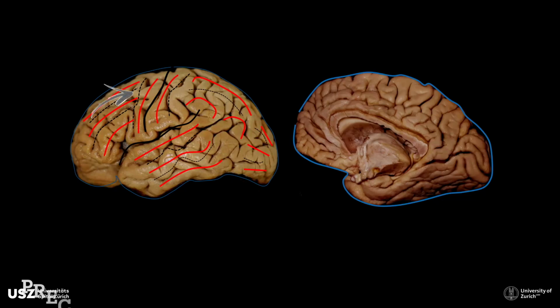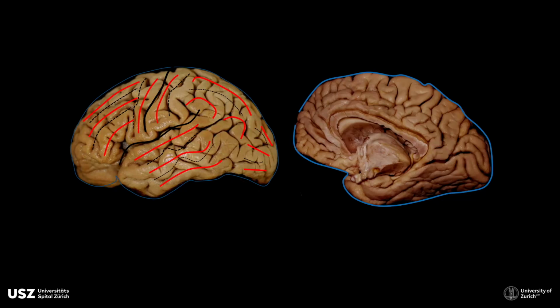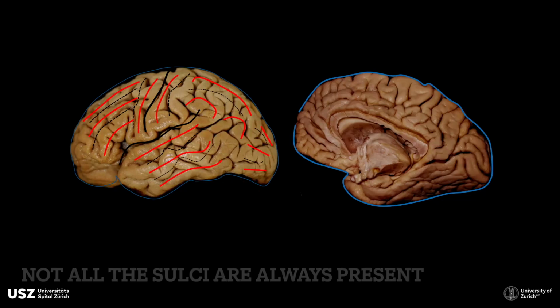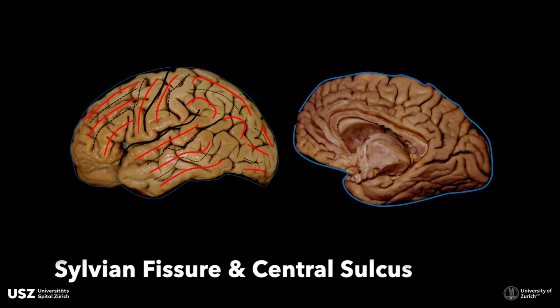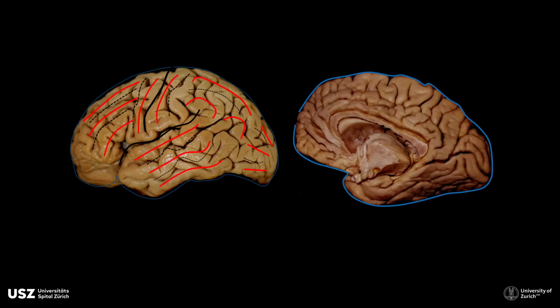The precentral sulcus is almost always interrupted. We then have to recognize the sulci according to whether they are continuous or not, and also whether they are present or not, because not all of the sulci are always present. The sulci that are always present are the Sylvian fissure and the central sulcus. And these will be the first two that we will have to recognize during the section.